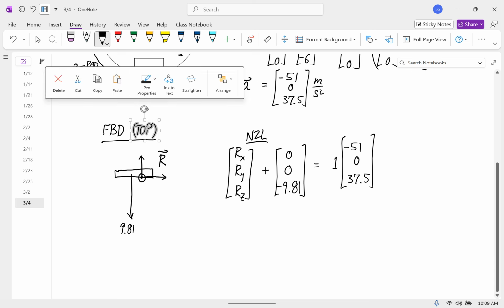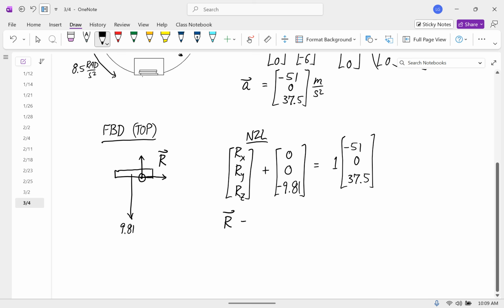And so R is negative 51, 0, and then 37.5 plus 9.81, 47.31.